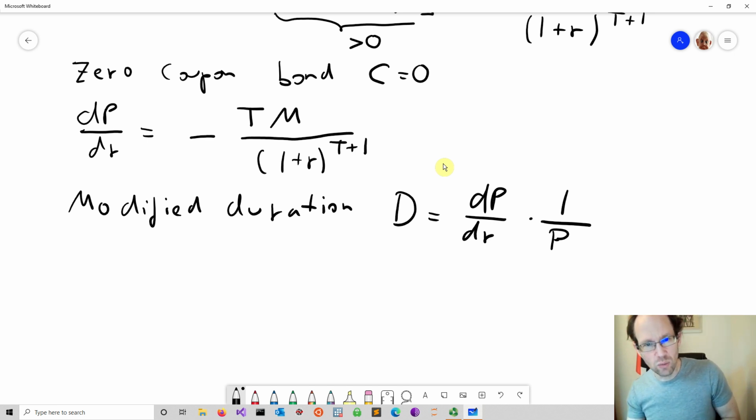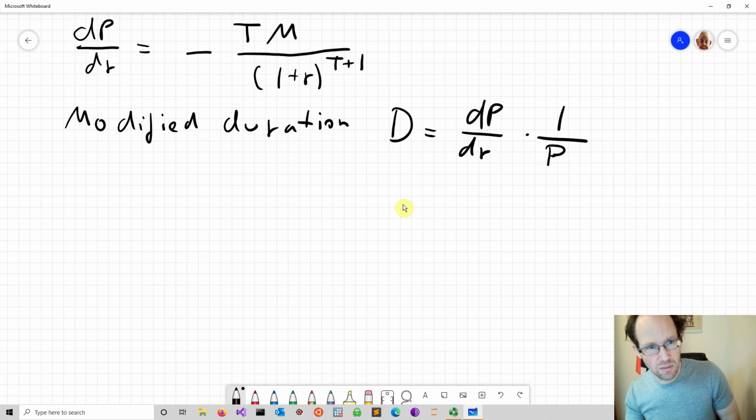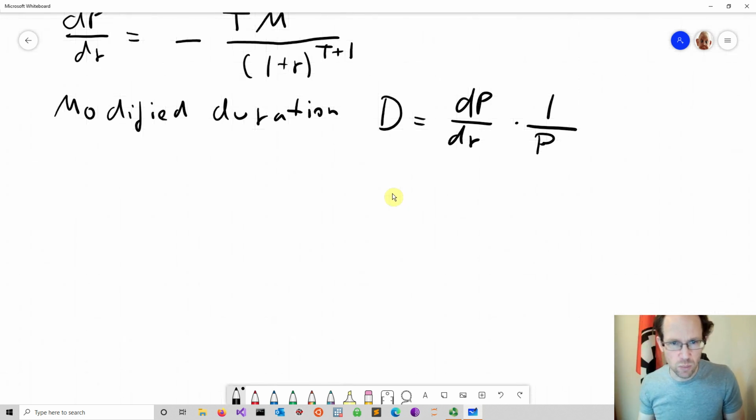Now I want to do one more thing in this exercise. I want to consider what happens to duration in a bond portfolio. In a bond portfolio you have several bonds, and we could start a bit of notation here, just to make sure we understand what we are talking about.